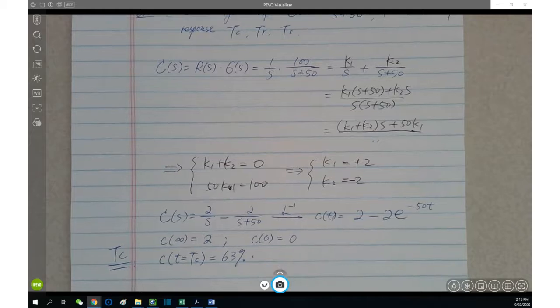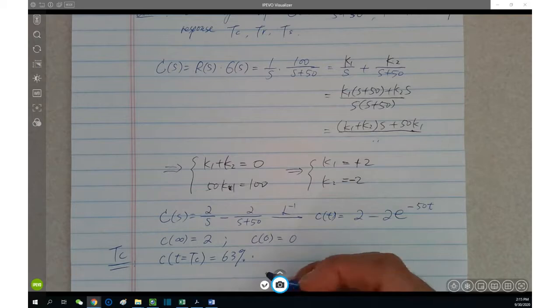Does everything make sense so far? Infinity, substitute into here, you got 2 as the steady state value. 0, go to here, you find the initial value as 0. Right? The output at TC is 63% times the steady state value.